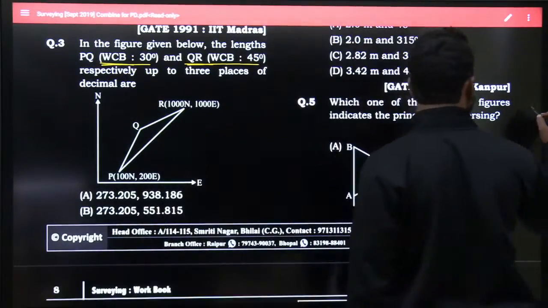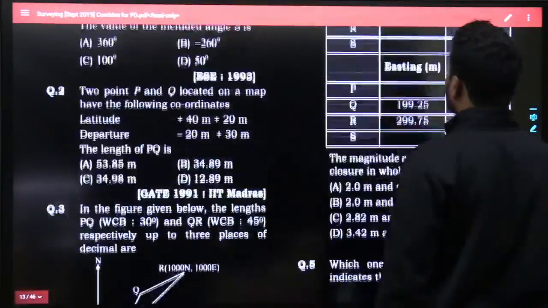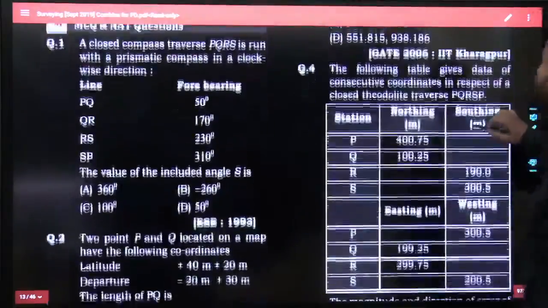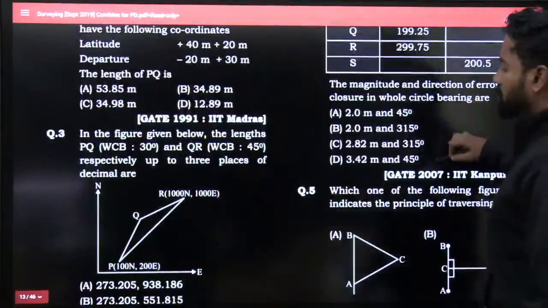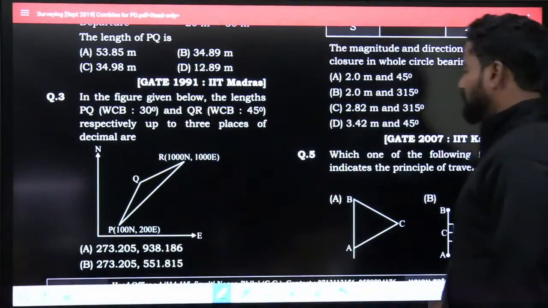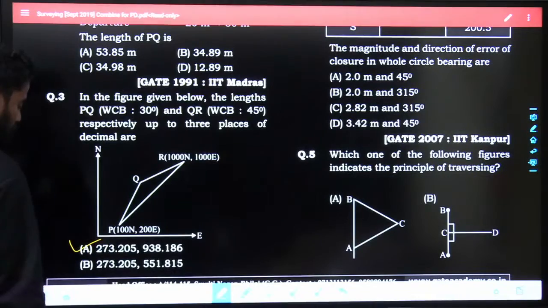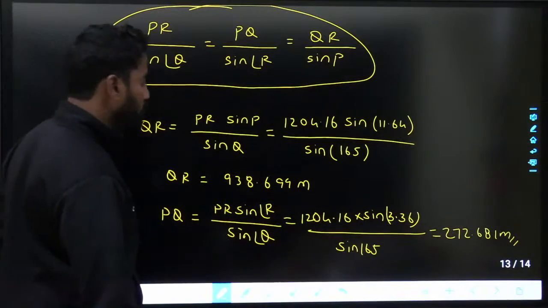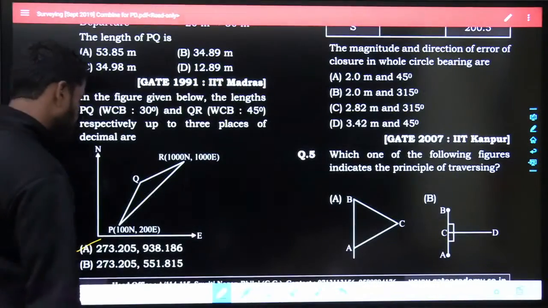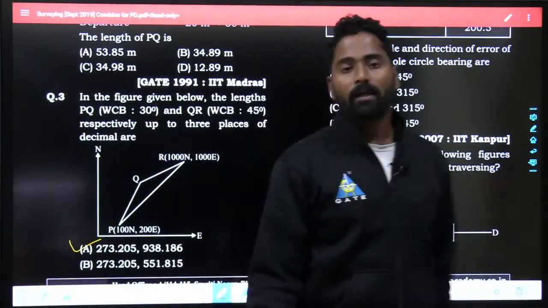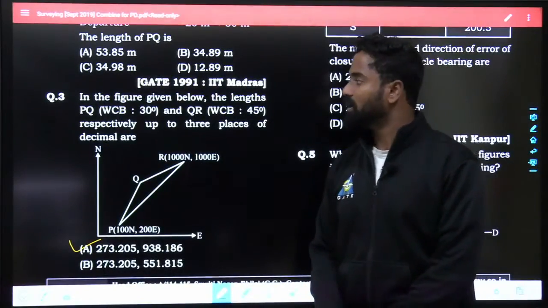Okay, fine. So the answer would be 272, 938, or 273, 938. This would be your answer. This is how you are going to find the answers.